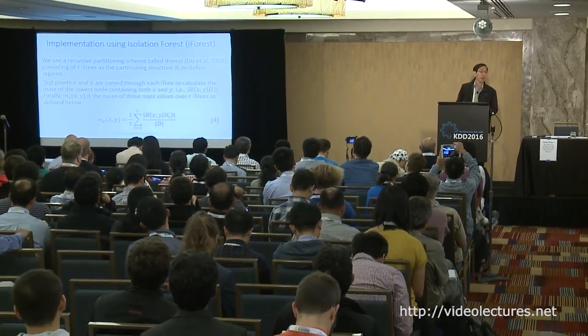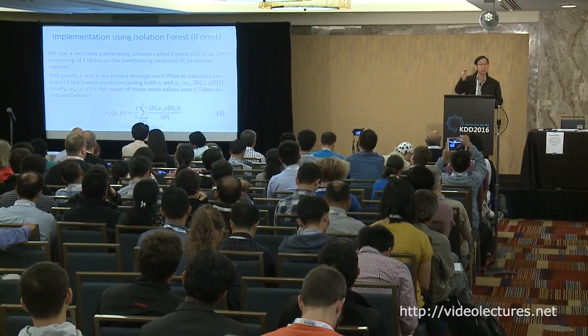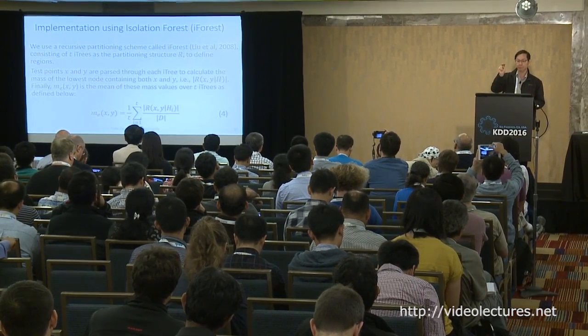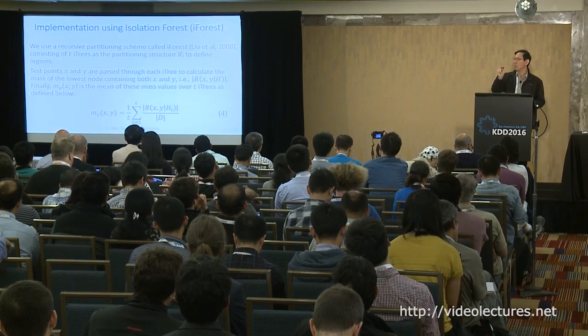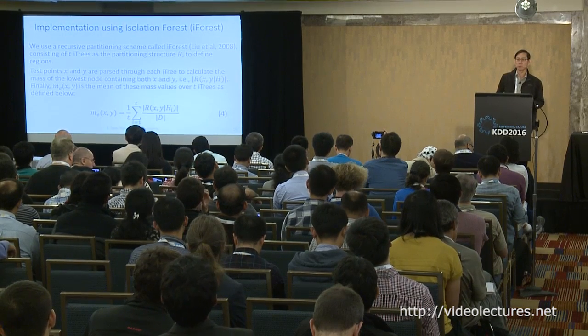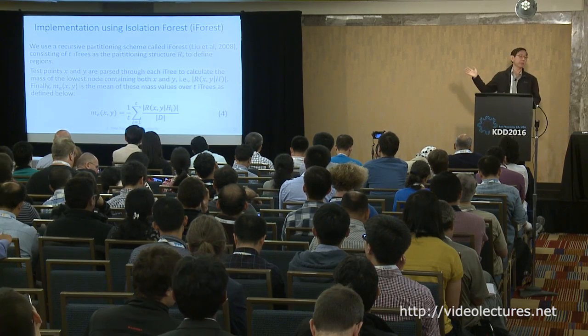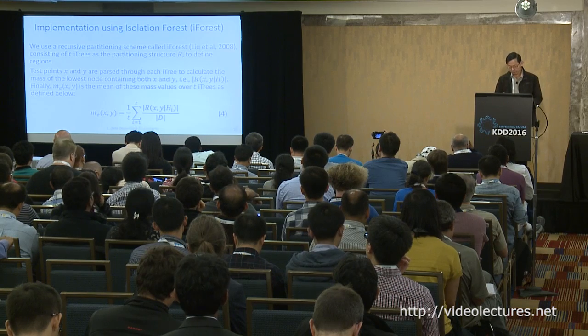Once you have that, because it's a tree structure, you pass x and y through the tree to the lowest node which contains both x and y. Then you compute the probability mass on that node. Then you just average over T trees. That is the implementation we're going to use.